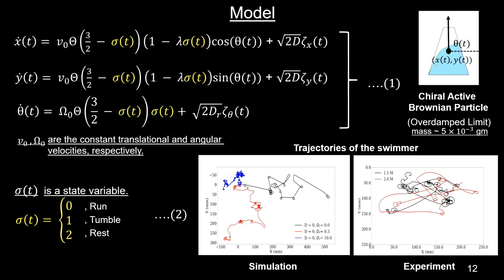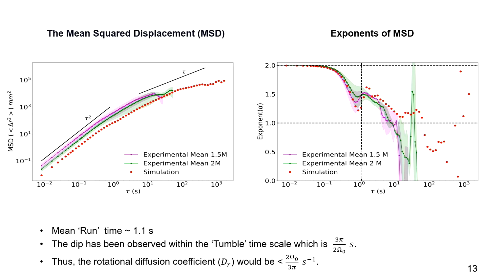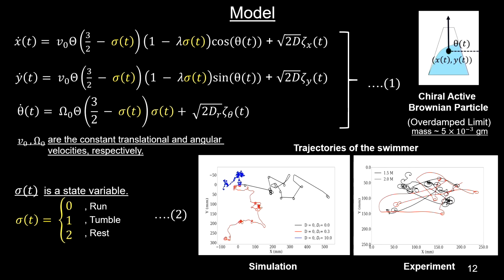Here we only tune the thermal noise and the rotational diffusion coefficient. We have observed that for smaller values of the rotational and thermal noise, it matches our experimental system.